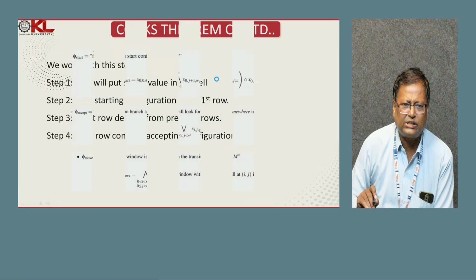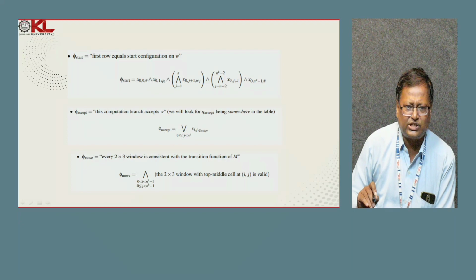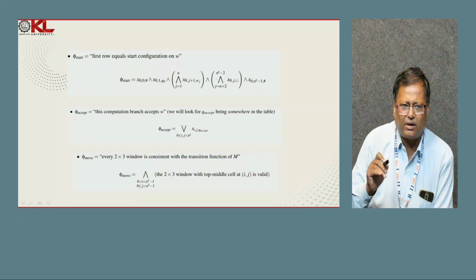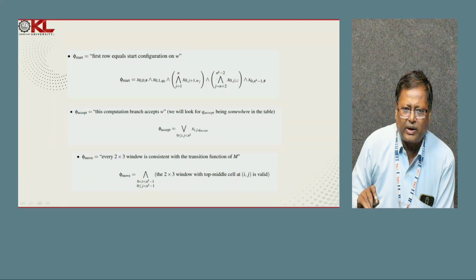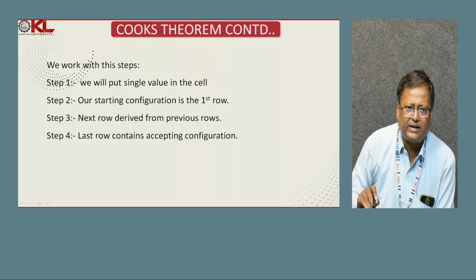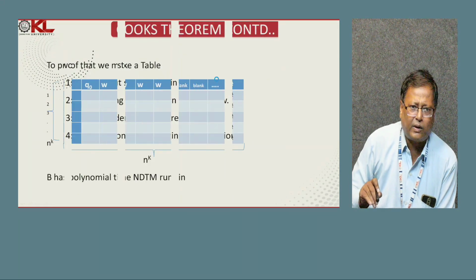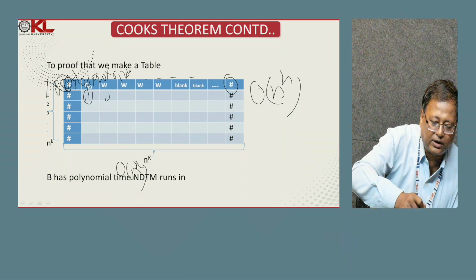Next, this is the accepting state of the Turing machine, q accept. For all i, j between 0 and n to the power k minus 1, the state x ij is accept. This is defined as from q0 we get the first state, then the second, third, like that.